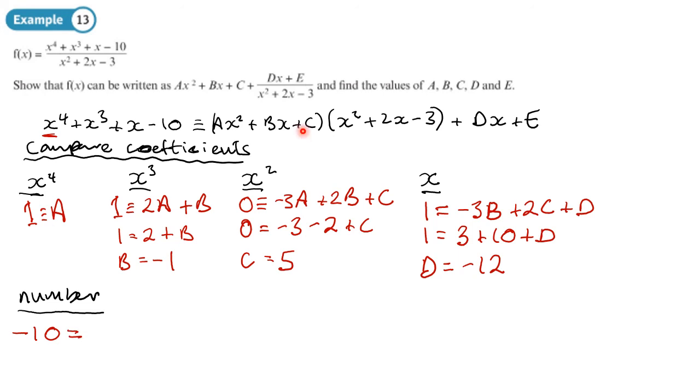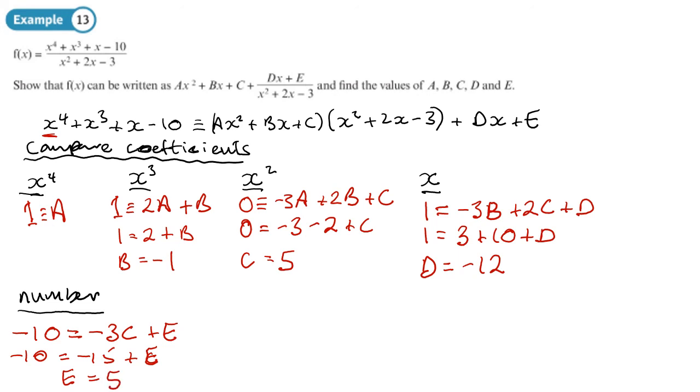On the right hand side, I'll have minus 3c, or negative 3c, and e. They're the only things that are going to give me number terms. Plus e. C I've worked out, so negative 10. C is 5, so minus 15 plus e. So that means that e equals 5. If I'm right, negative 15 plus 5, yeah.